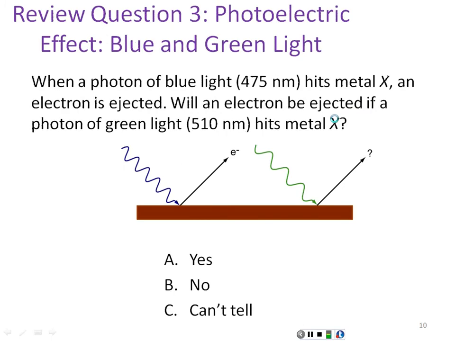Here's a similar question. If a photon of blue light hits a metal X and an electron is ejected, will an electron be ejected if the same metal is hit with green light this time? Again, we need to use the equation for the photoelectric effect.